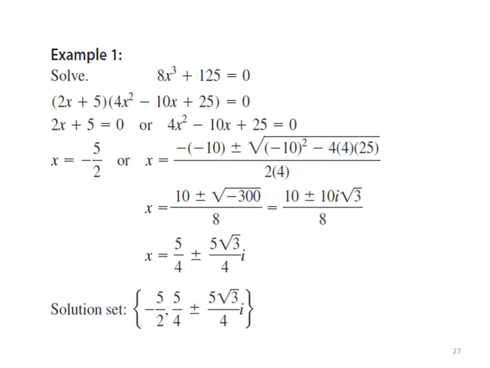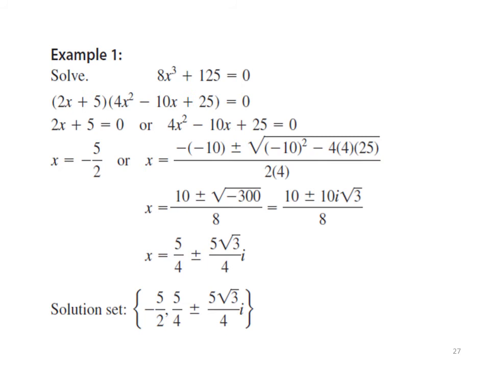So this is the sum of two cubes. Using the formula for the sum of two cubes, you can write this as 2x plus 5 times the square of 2x, which is 4x squared, minus the product, which is minus 10x, plus the square of the second term, which is 5 squared, equal to 25, and that is equal to 0.